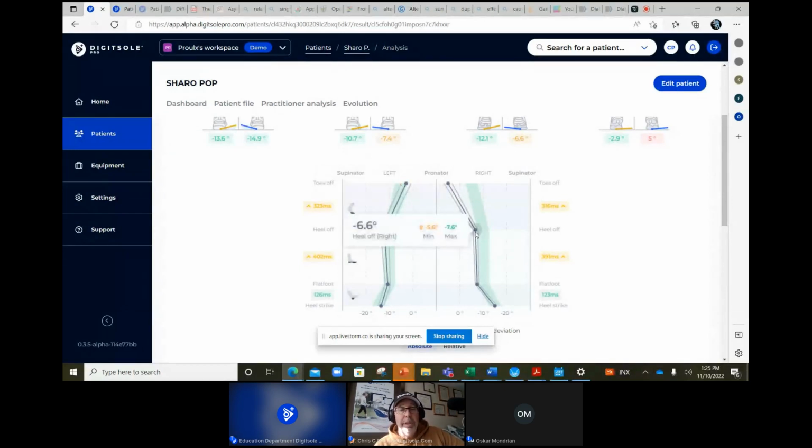But what we do see here is this trajectory. That trajectory of her foot, after she's approaching that toe off position, she's really turning her heel out, going into heel eversion.